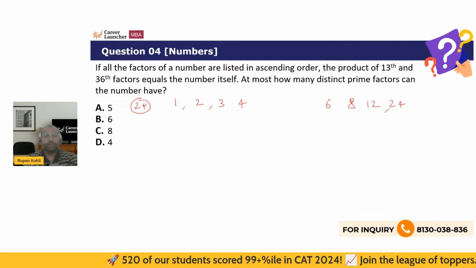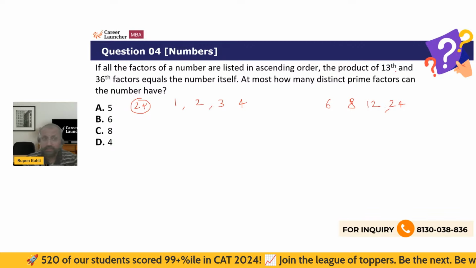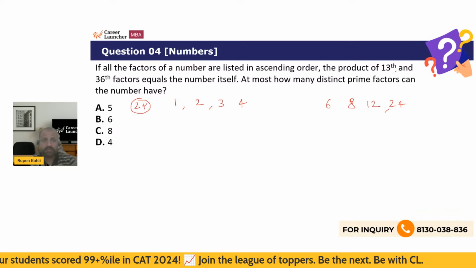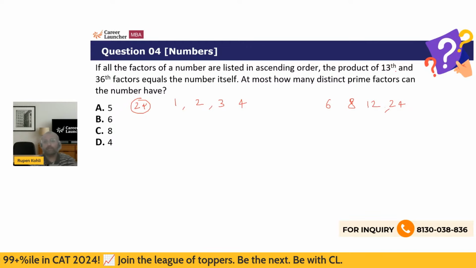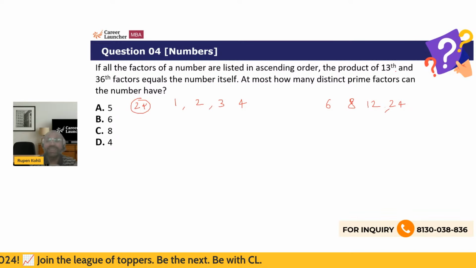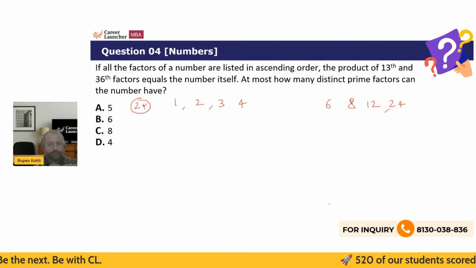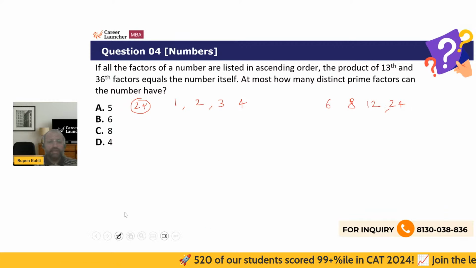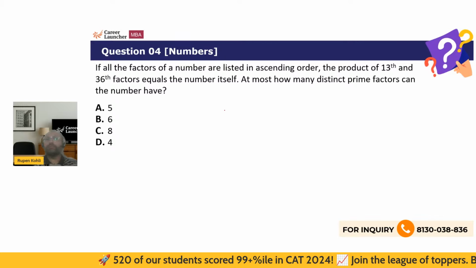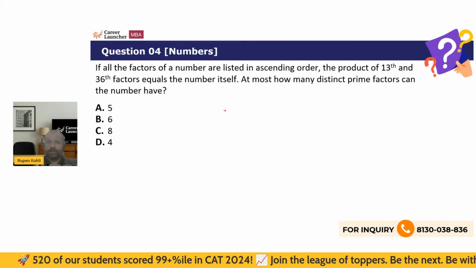So in that way, if the product of the 13th and 36th factors equals the number itself, it means that they are equidistant from beginning and end. So before the 13th factor, there will be 12 factors prior to that.